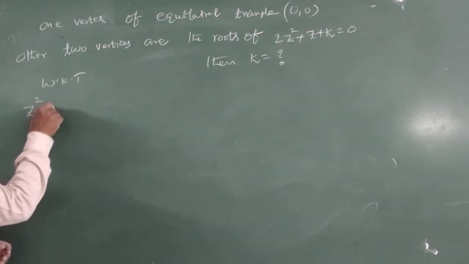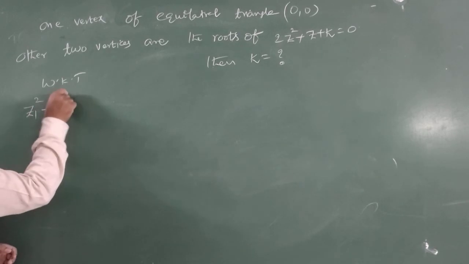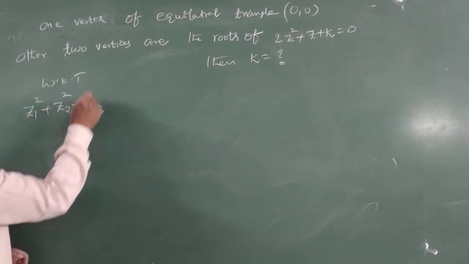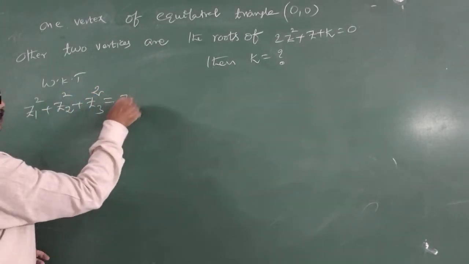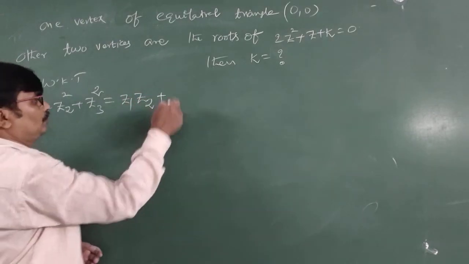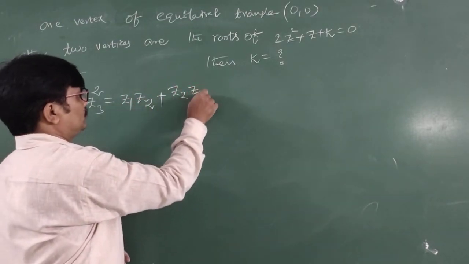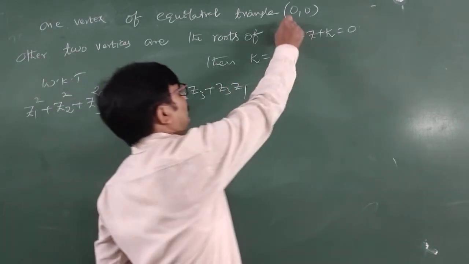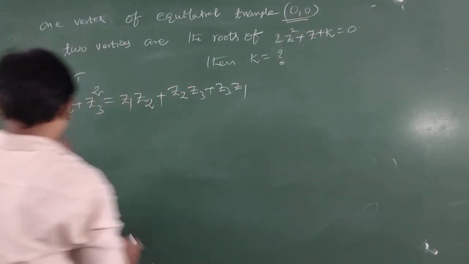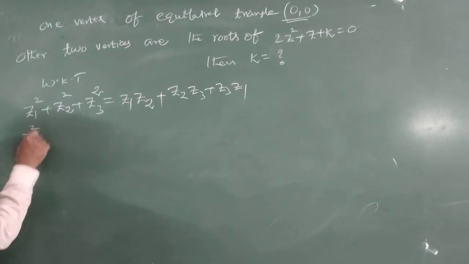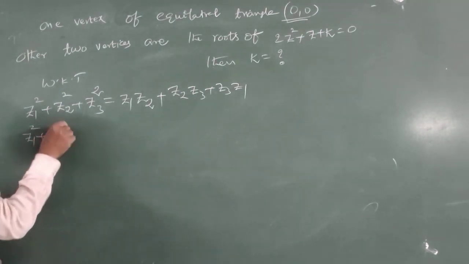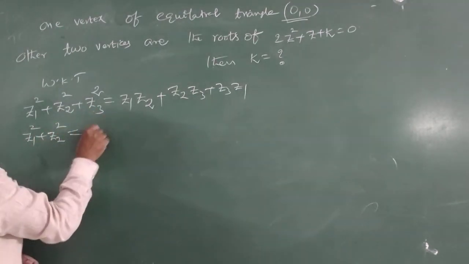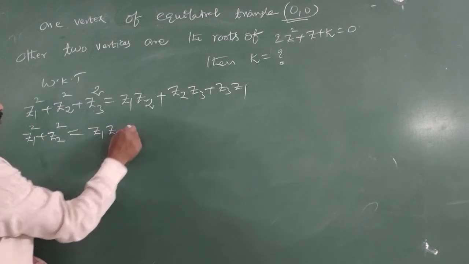That means z1 square + z2 square + z3 square = z1 z2 + z2 z3 + z3 z1. Since one of the vertices, z3, is the origin, this becomes z1 square + z2 square = z1 z2.